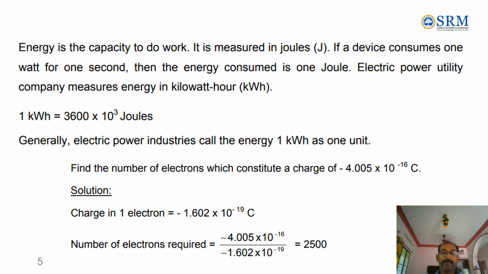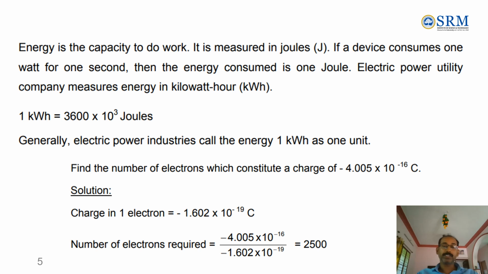Forget about the K. WH: what is the unit for W? Power unit is W. Hour is time. So power into time is called energy. That energy is represented with kilowatt hour. 1 kilowatt hour is 3.6 x 10 to the power of 6 joules. Right? 1 kilowatt hour, in electrical terminology, is called 1 unit.